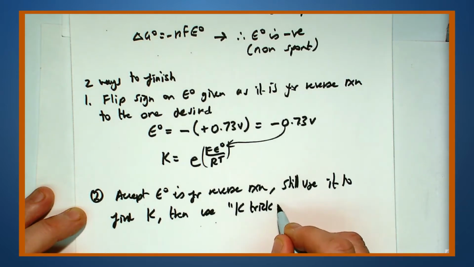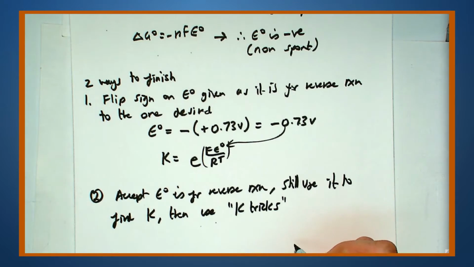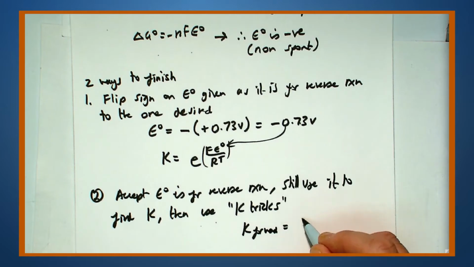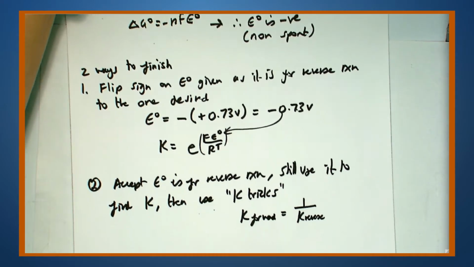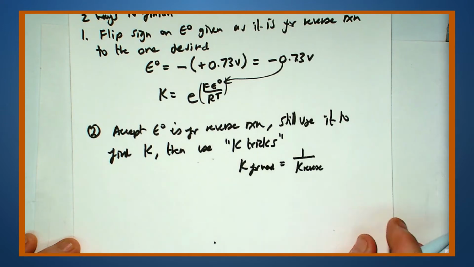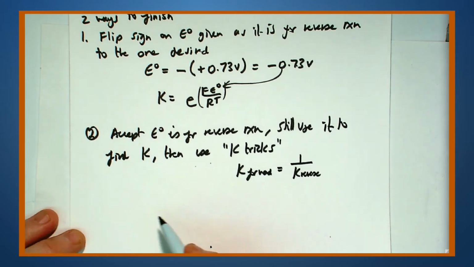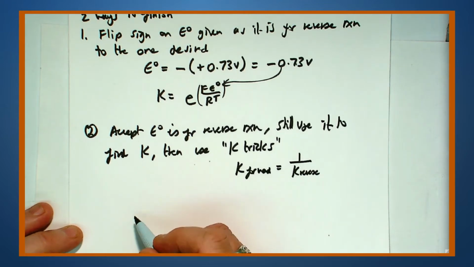Remember K tricks from when we did chemical equilibria? If I know the K for the forwards reaction, then the K for the reverse is 1 over that. K forward is equal to 1 over K reverse. That's the trick that we're going to use, and so you can do that too. It doesn't really matter which way you do it. Either way you'll get the right answer. Let's just do this one, just for the sake of completion.